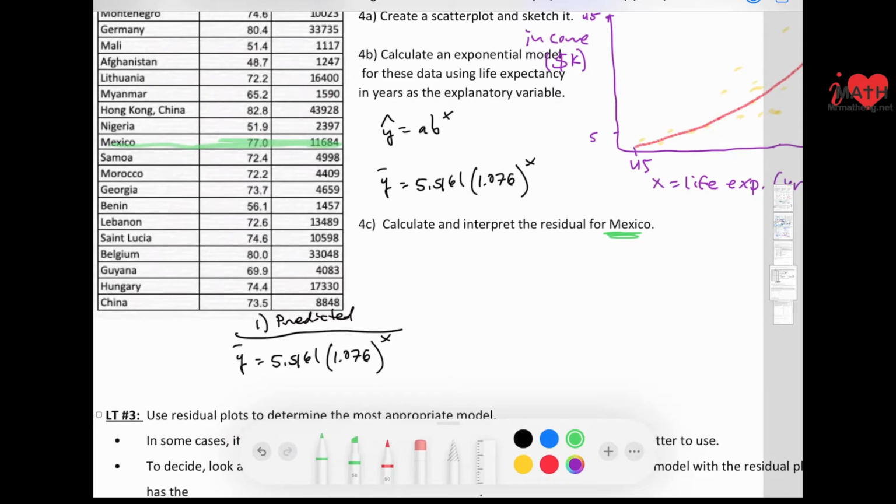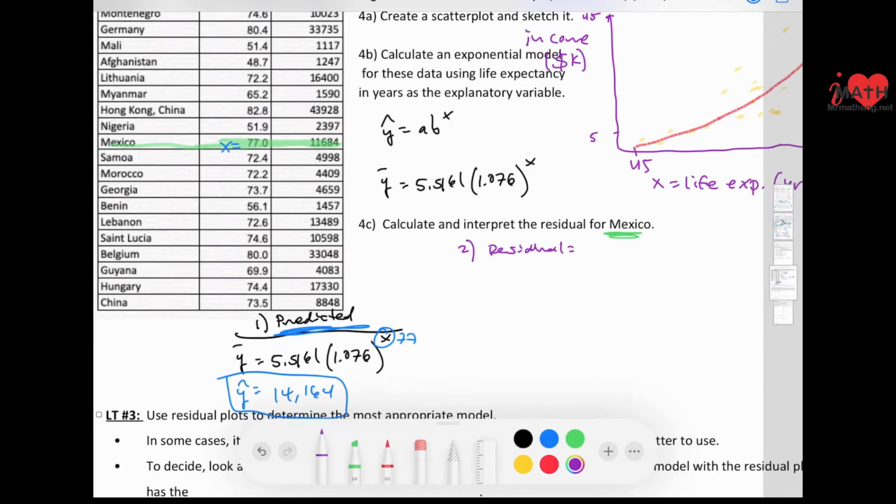So that means x equals 77. So I'm going to put in here 77, right? So basically, when you do that, you will get a predicted of 14,164 is my predicted.